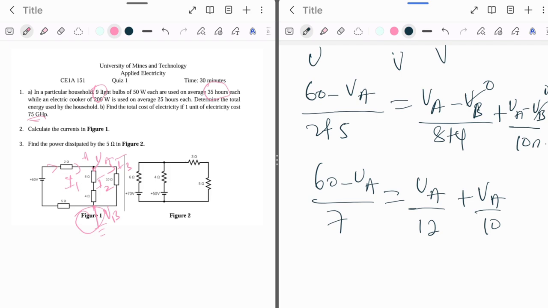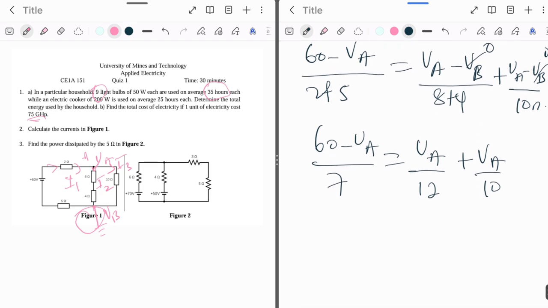Now if we were to solve this, you can solve this by multiplying by the common denominator, right? I mean the LCM. If we were to do so, you realize that when you simplify this further, you are going to get, at the end of the day, 7,200.